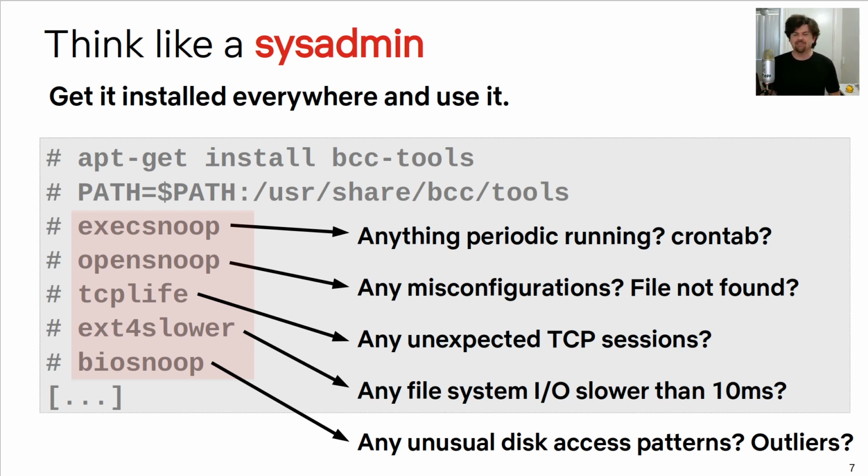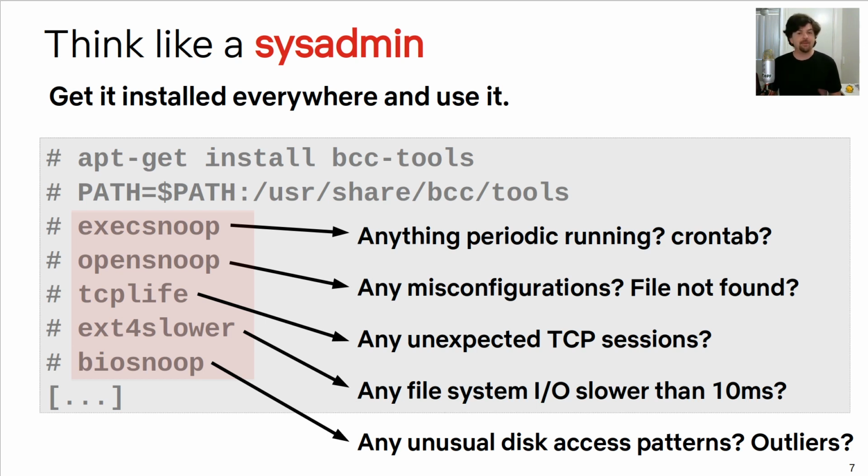tcplife is great for seeing the flows of TCP connections around your environment. It will show the bytes transferred and durations and the IP addresses and so on. You might discover some unexpected TCP sessions or misconfigurations there as well. ext4slower shows file system performance, and that's a more direct measure of performance than looking at disk metrics.